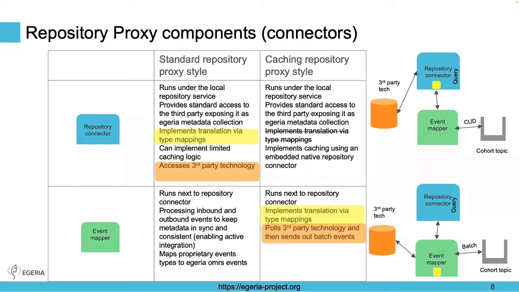This is quite good for situations where the third-party technology will not provide events directly, and we can compensate with this different technique. But more about this in a separate section.